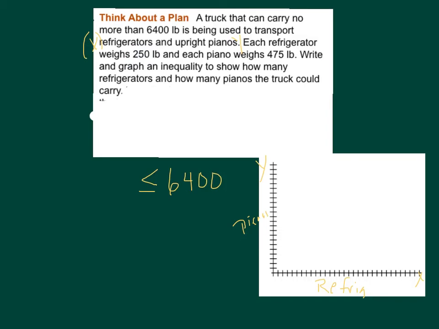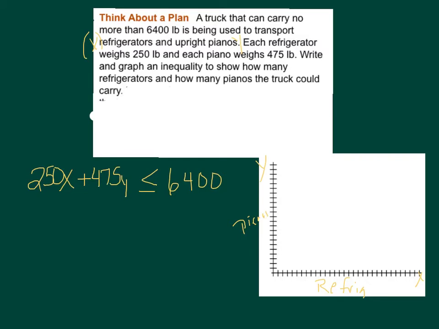So we're going to use X for the amount of refrigerators. My piano weighs 475 pounds, but I don't know how many I have. So we're going to say 475Y for piano.